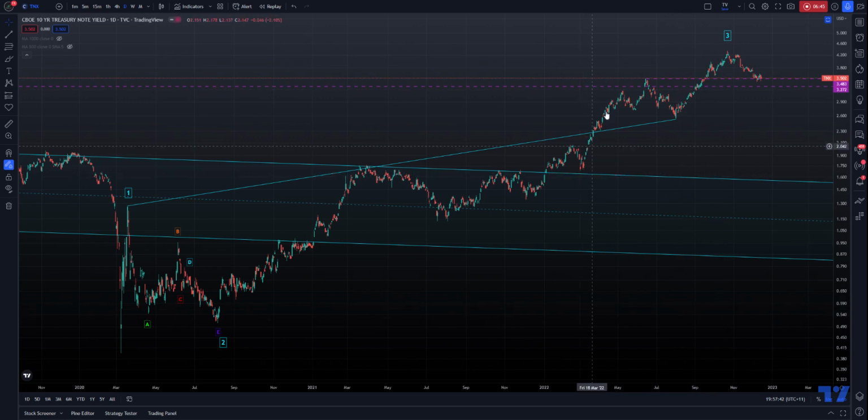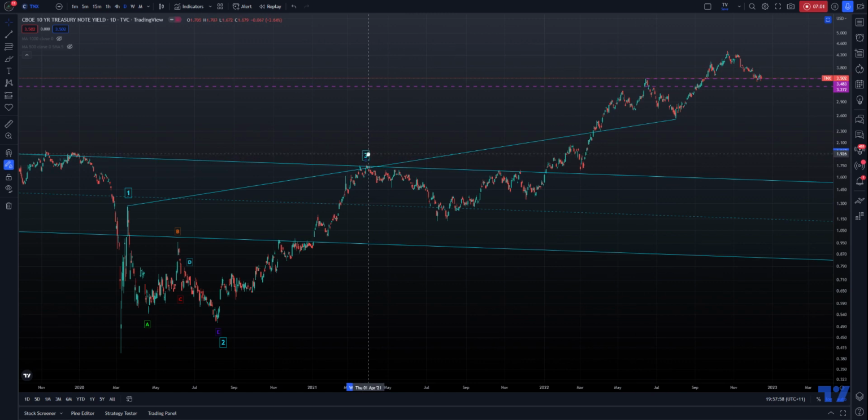Now, could it have ended around this point? That's something that is also on my mind. Or could it be something a little bit different than that? And could this be the wave three right here?